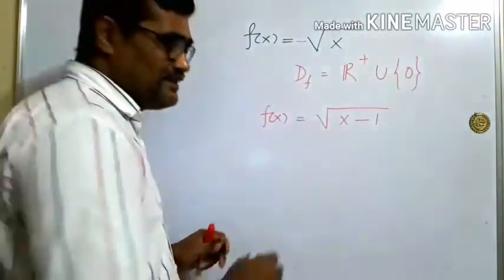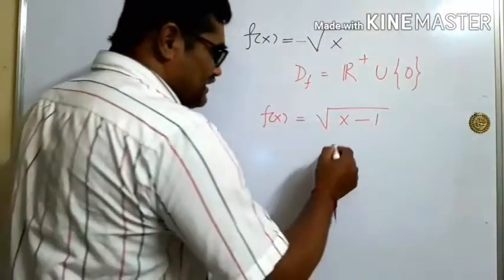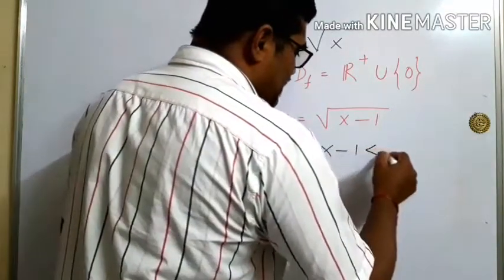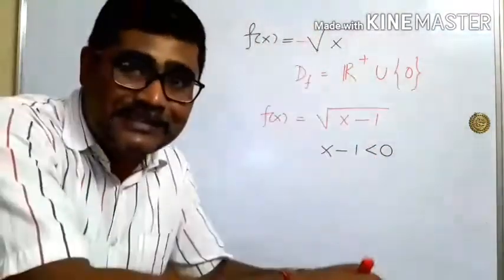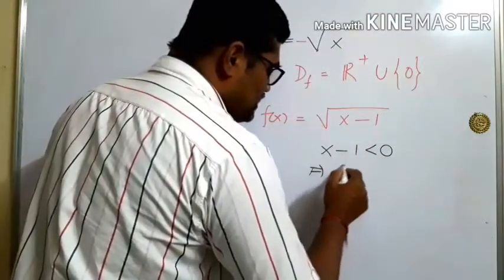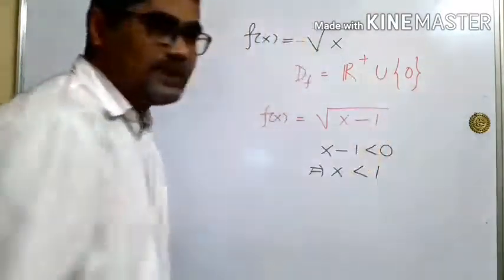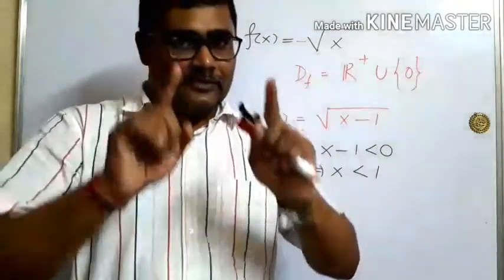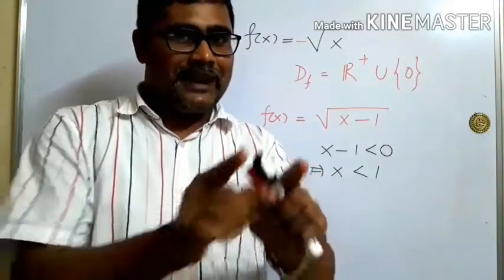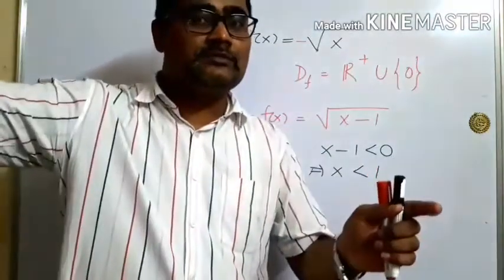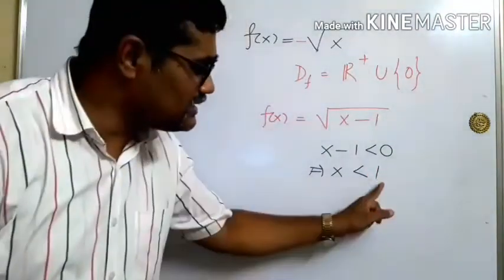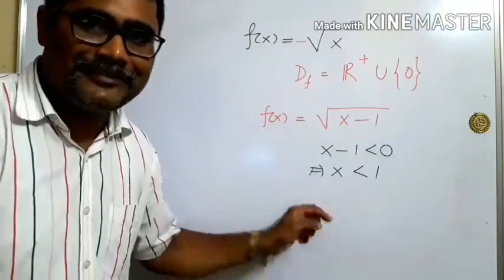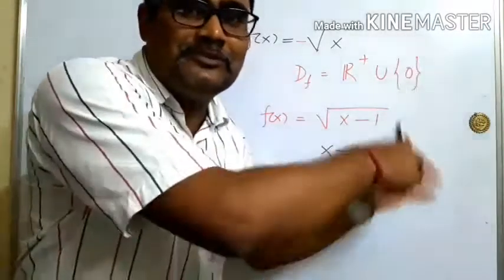That means x minus 1 is negative. It will be negative when x is less than 1. Right? That means from the real number set, I have to kick out all those numbers which are less than 1. Then the remaining will be the domain.